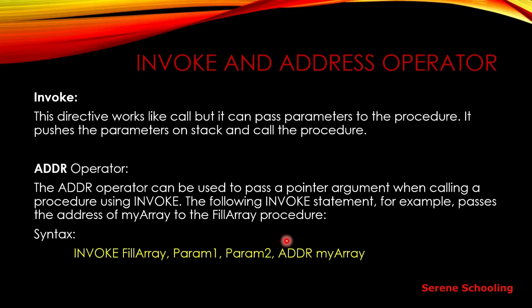So we pass this array address through this operator, and the element or variable that collects that address will be a pointer argument or pointer parameter in our function definition or declaration, right?